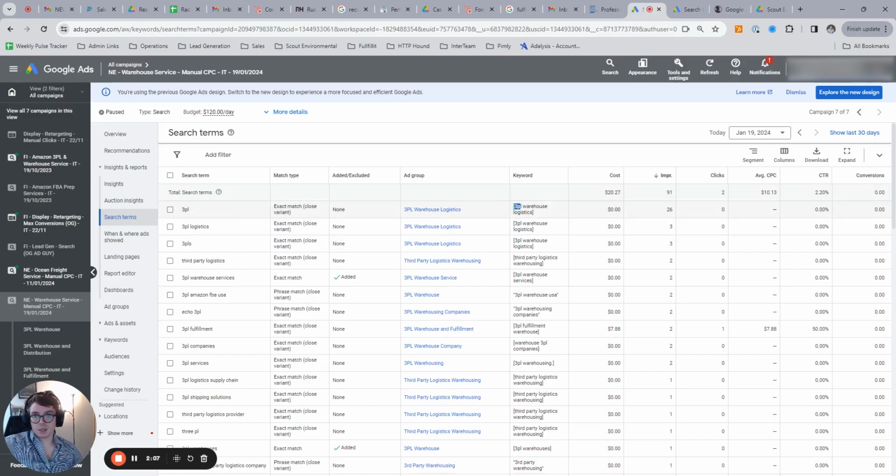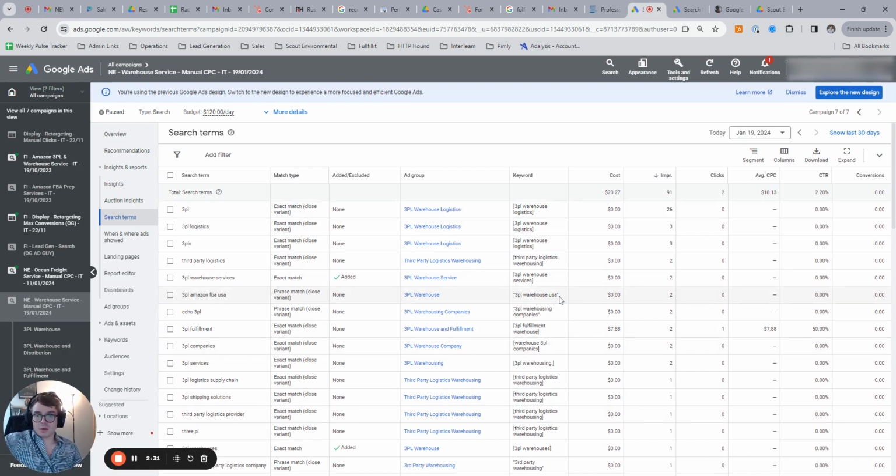So ideally, 3PL warehouse logistics should only pull search terms that match 3PL warehouse logistics or are closely related to that term. Maybe it's 3PL warehouse says logistics or 3PL warehouse logistics.